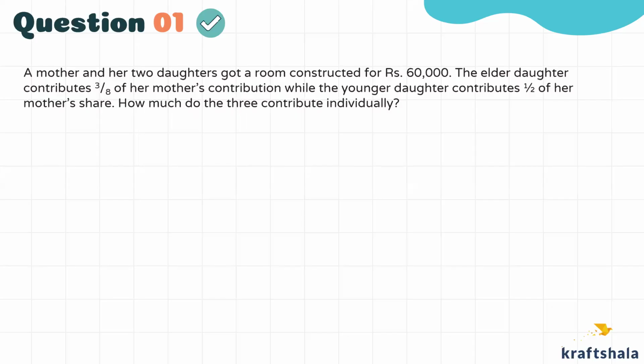So a mother and her two daughters got a room constructed for rupees 60,000. The elder daughter contributes 3/8 and the younger daughter contributes half. So how much do the three contribute individually? So let's say the mother contributes M, the elder daughter contributed 3/8 of M, and the younger daughter contributes half of M. And the entire sum should be 60,000.